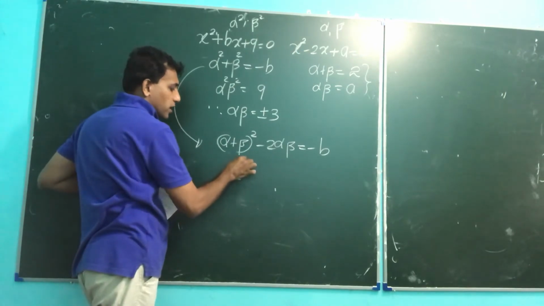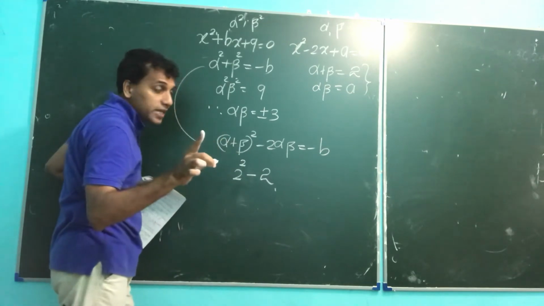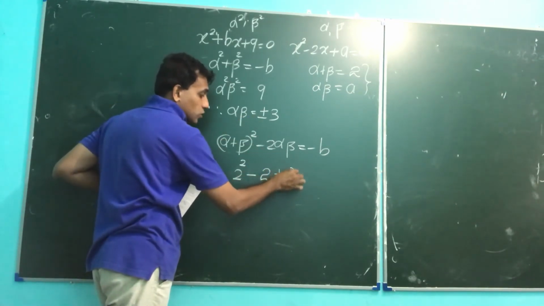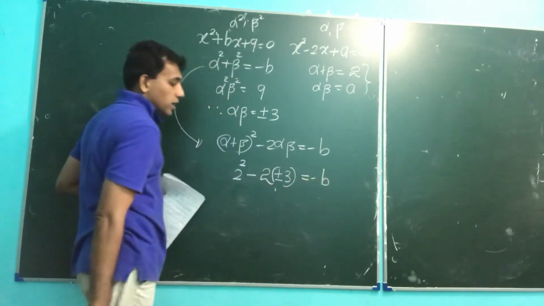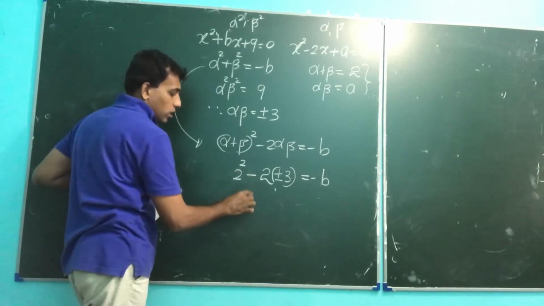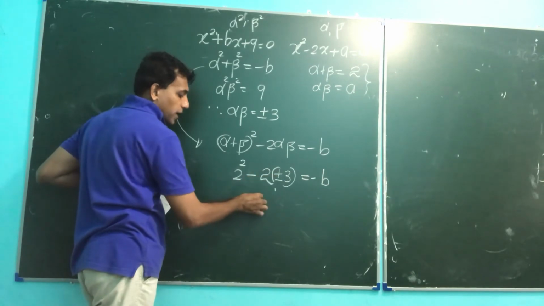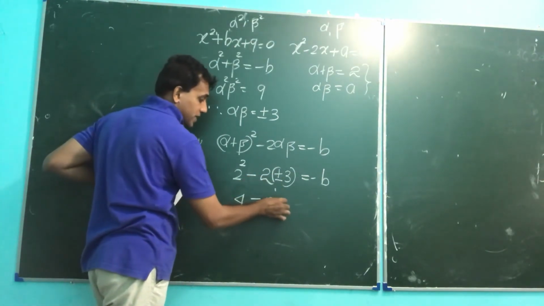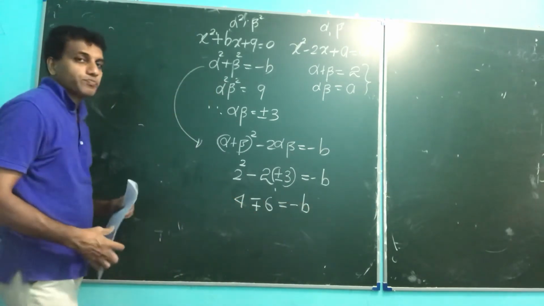Its square, minus 2 times alpha beta, which is plus or minus 3, very important, equals minus b. So here 4, then bracket multiply: minus into plus minus, minus into minus plus. Study these patterns, study the way of answering. Okay, this is the answer.